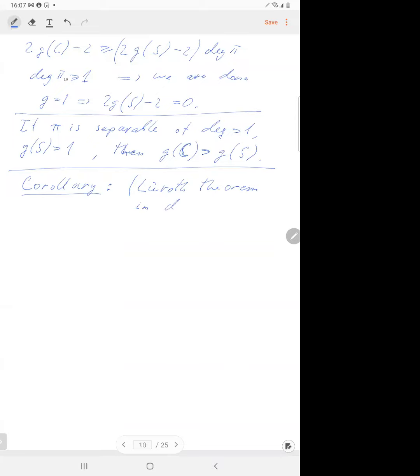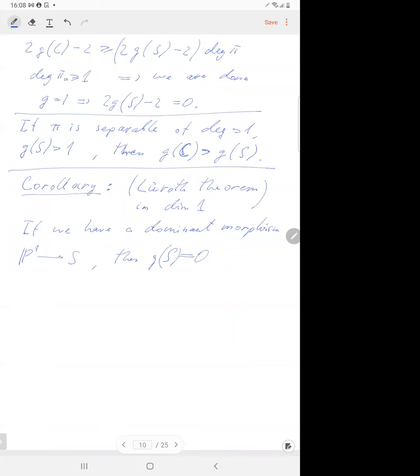In dimension 1, it says that if we have a dominant morphism from the projective line to some curve S, then S is necessarily isomorphic, well, let me say the genus of S is 0.